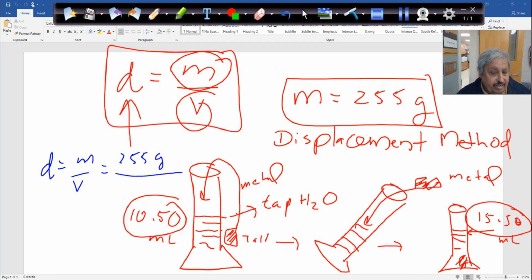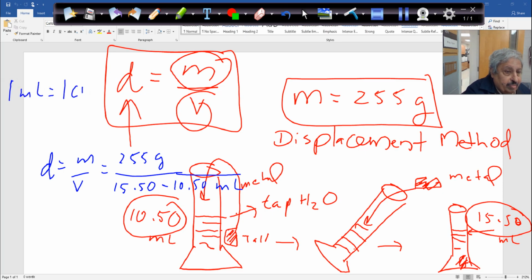The volume here of the metal is the displaced water. So it will be 15.50 minus 10.50. This is ml or centimeter cube, the same thing. So 1 ml is 1 centimeter cube, same units.